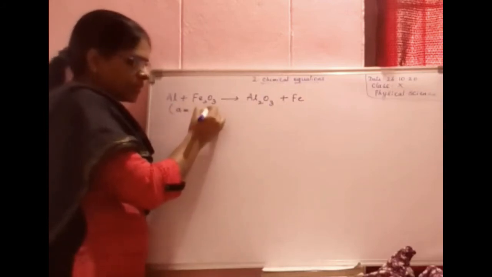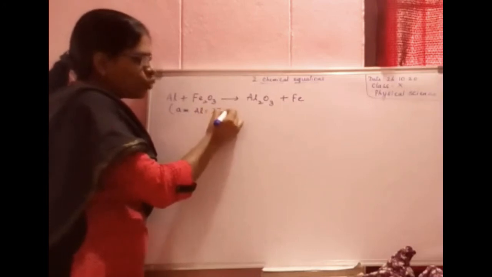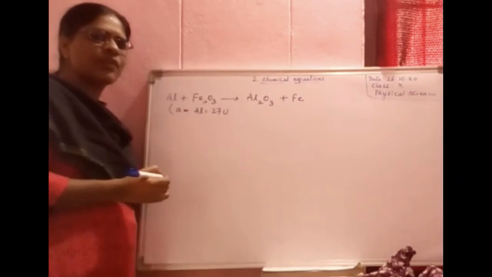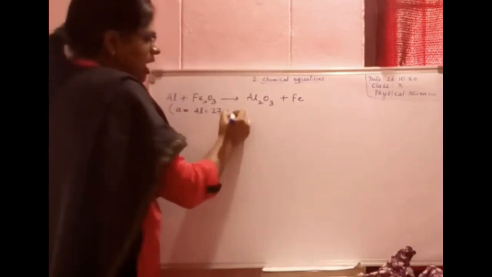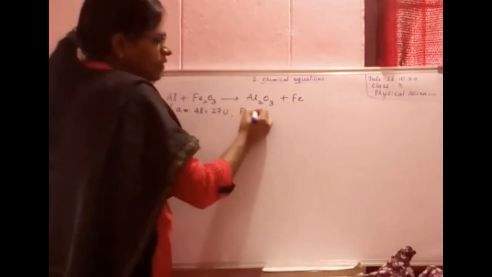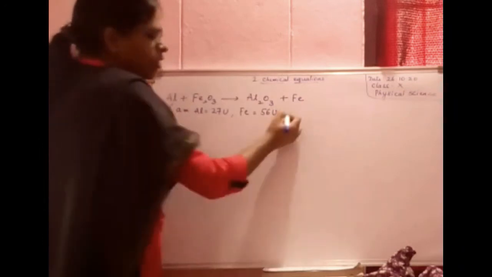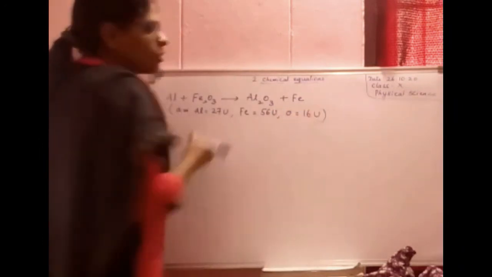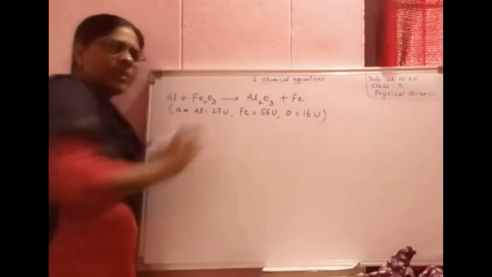Aluminium is given as 27 U, unified mass, or in grams. Next, iron is 56 U. Next, oxygen is 16 U. These may be given in the problem.